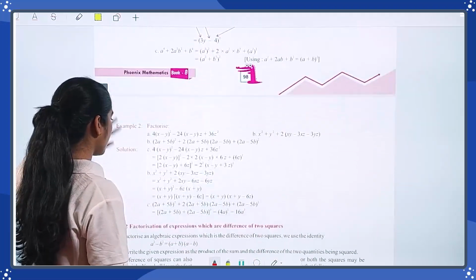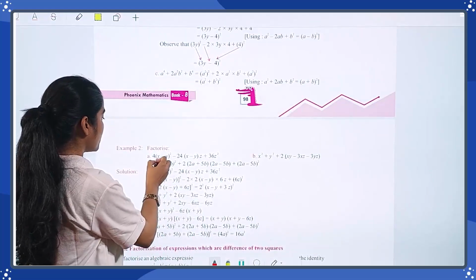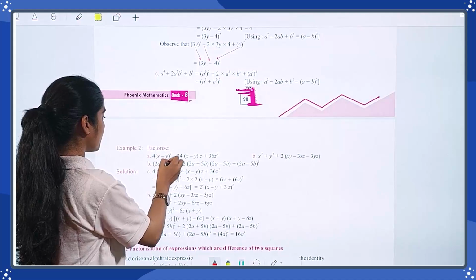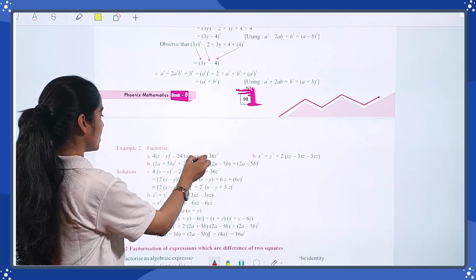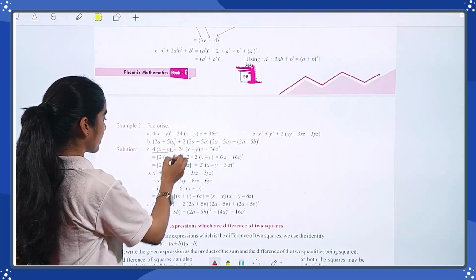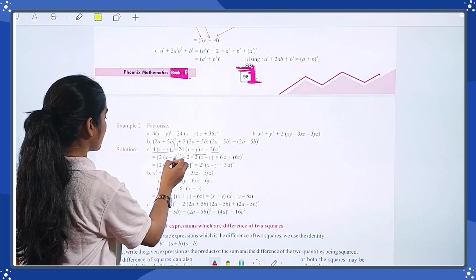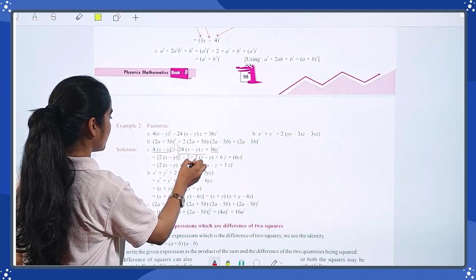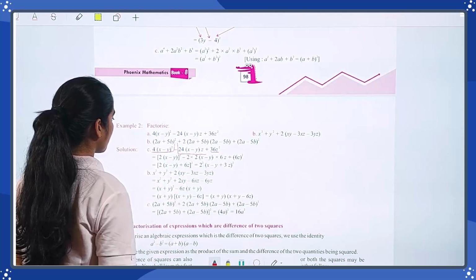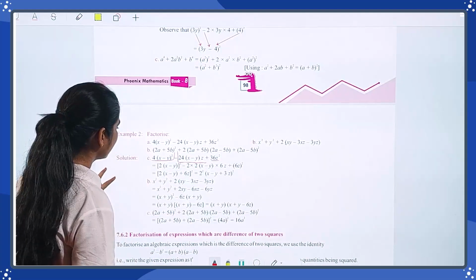Okay. Next, factorize these. So first we have to solve it. 4 multiplied by (x minus y) whole square minus 24(x minus y)z plus 36z square. So first we have to solve this one, then this one and this. So 2 multiplied by (x minus y) whole square, 2 multiplied by 2(x minus y), and 6 multiplied by 6z.